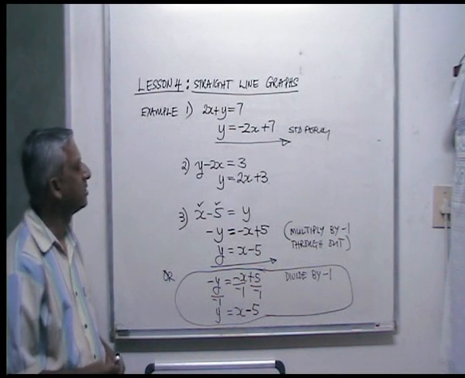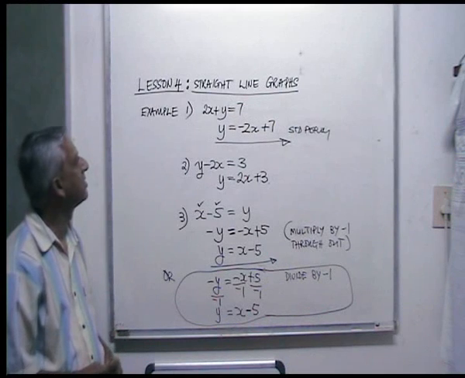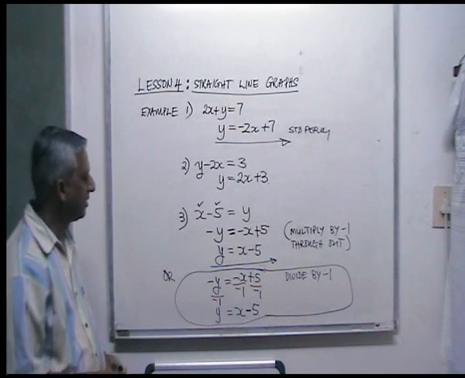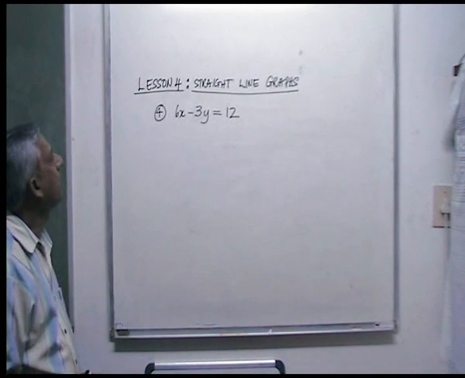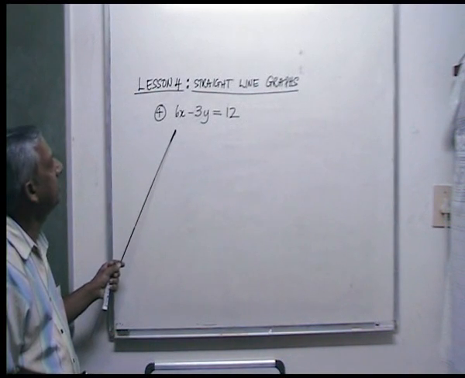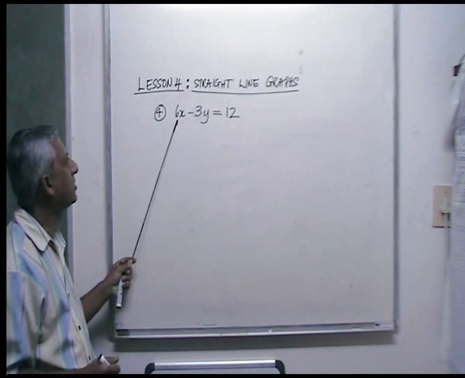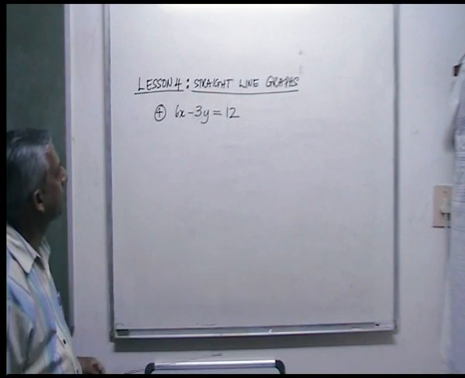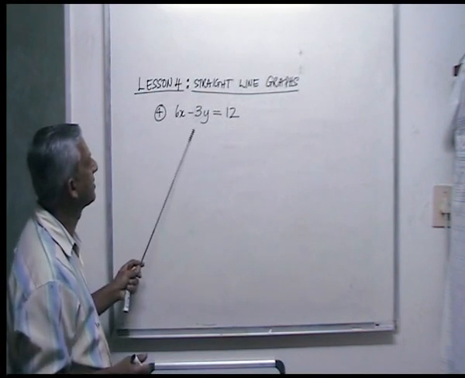I'm going to do a few more examples and then I will give you an exercise where you will have to bring straight line equations to standard form. Alright, let's have a look at number 4. You got 6x minus 3y is equal to 12. So let me leave the y on this side.